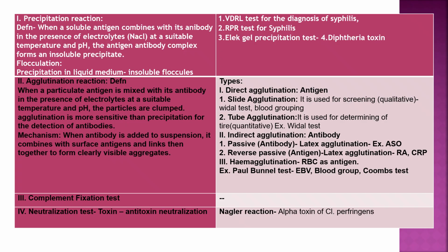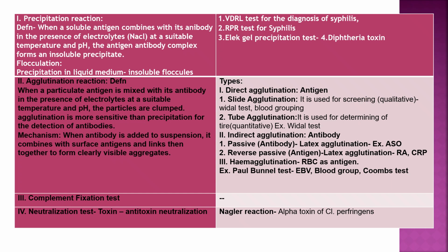Second, the agglutination reaction: when a particulate antigen is mixed with its antibody in the presence of electrolytes at a suitable temperature and pH, the particles are clumped. Agglutination is more sensitive than precipitation for detection of antibodies. Mechanism: when antibody is added to a suspension, it combines with surface antigens and links them together to form clearly visible aggregates. Types: direct agglutination, which is antigen detection, can be done by slide and tube method. An example of slide is the Widal test, and tube is the Widal test for determining the titer.